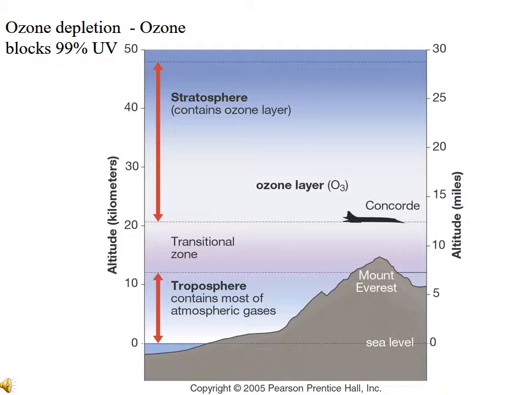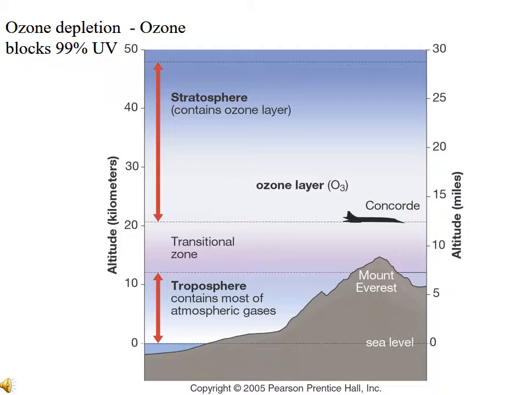Ozone is a gas that is present in the stratosphere. If we look at our figure, we see that the stratosphere is above the troposphere, which contains most of the atmospheric gases like nitrogen, carbon dioxide, and so on. But within the stratosphere, we have O3, ozone.